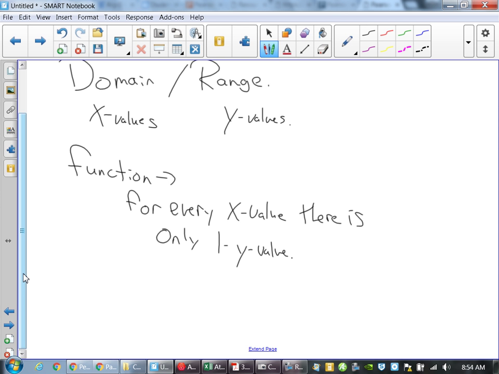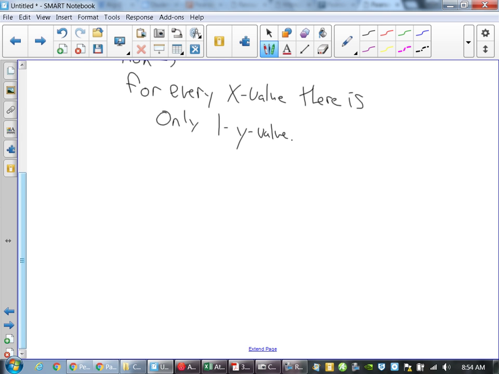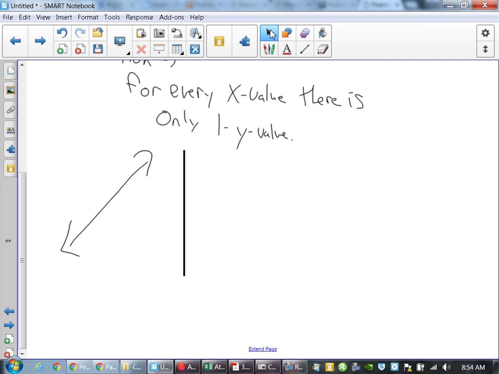You probably saw that in an algebra class when you did what's called the vertical line test. You remember that? Oh yeah. When you have anything that you graph, let me slide this up a little bit here. Anything you graph, if you're graphing a line, does this line pass the vertical line test? Which means for everywhere that line touches the graph, is it only touching it in exactly one spot?